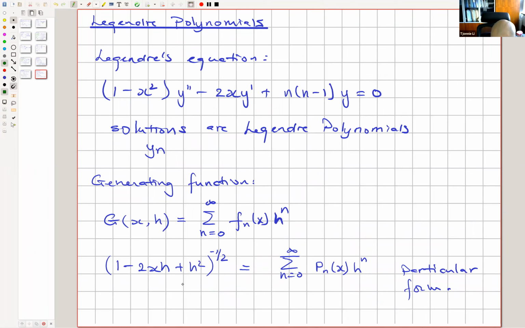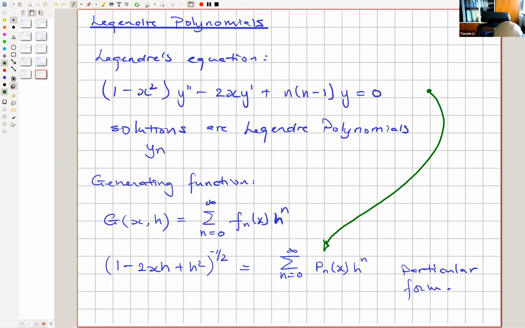We want to show that this generating function is associated with a series in terms of the Legendre polynomials, in such a way that I want to prove that P_n indeed satisfies Legendre's equation, this ordinary differential equation in this case. So let's see if we can do this.